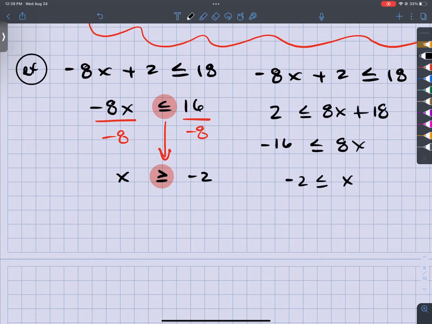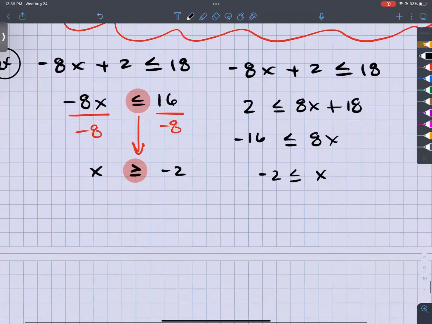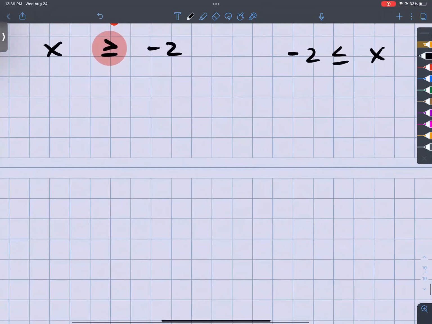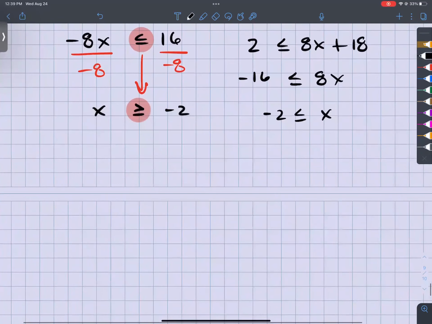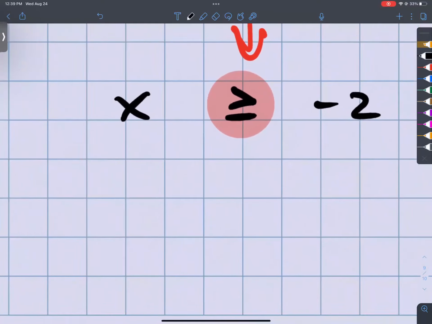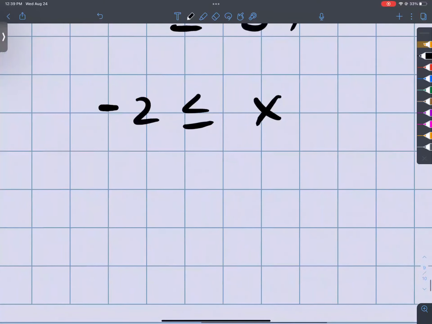I can avoid that whole thing if I wanted to. Now, I do want you to see this. These two answers mean exactly the same thing. So we bring you back to grade school. They always say, oh, the fish is going to eat the bigger number, right? So over here, this is eating the x. This is also eating the x.